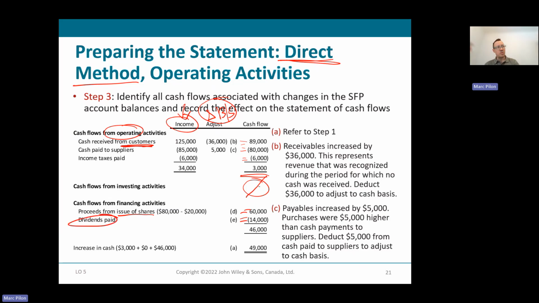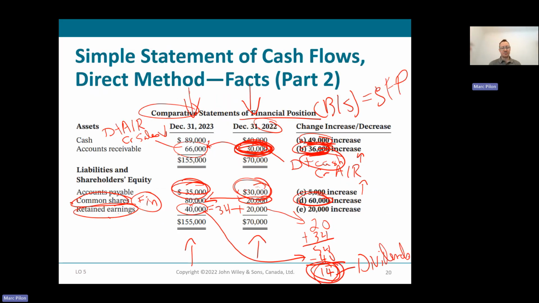That's tricky because you would need to know that it's retained earnings beginning balance plus net income minus dividends equals retained earnings ending. So you need to isolate dividends, which I did here, to figure out the amount. And you got to ignore this 20, okay?